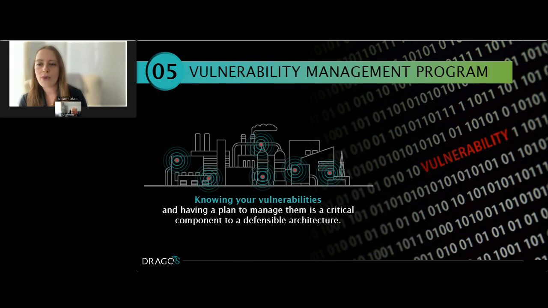How do they fit into our business plan, and how feasible is it to mitigate them and carry out any actions we need to either mitigate or completely remove the vulnerability? That tends toward building a vulnerability management program, which will map out all of those rules for you based on your company's priorities.